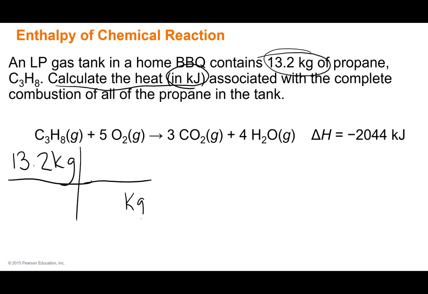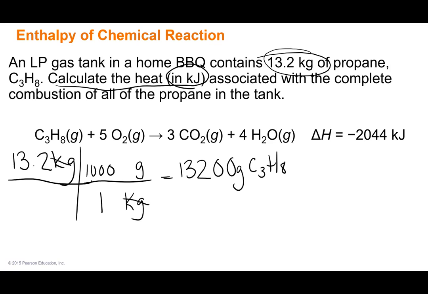Kilograms goes on the bottom. That's the unit we're getting rid of. Grams goes on the top. And then in every 1 kilogram, there's 1,000 grams. So that's going to give us 13,200 grams of propane.